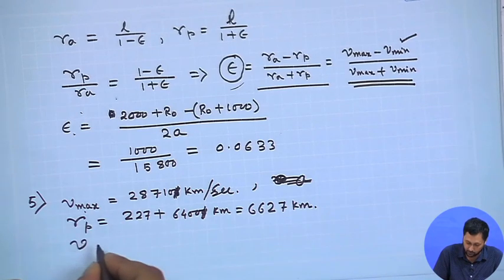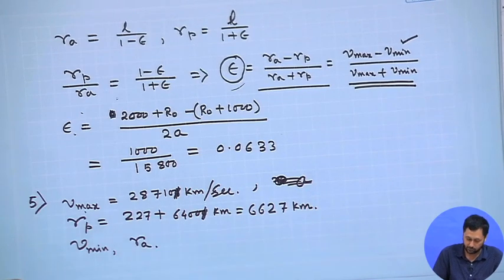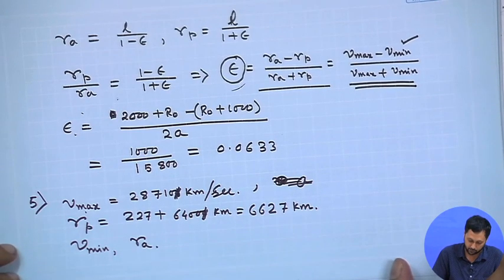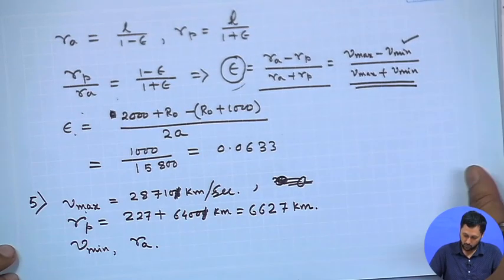So, what we need to calculate is V min and R A. The period of revolution is pretty straightforward afterwards. Now, how can we do that?